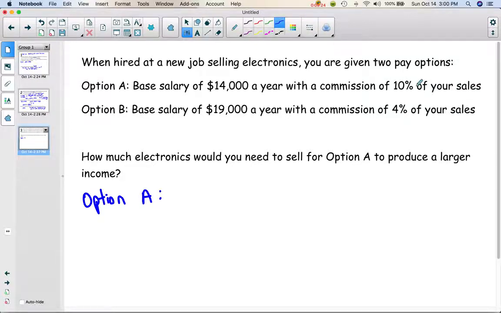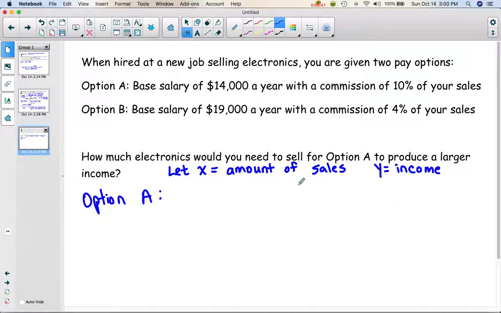Now you remember that when you are making a model, actually let's do this. Let's let X equal amount of sales. And we'll let Y equal your income. That would be your salary plus your commission.